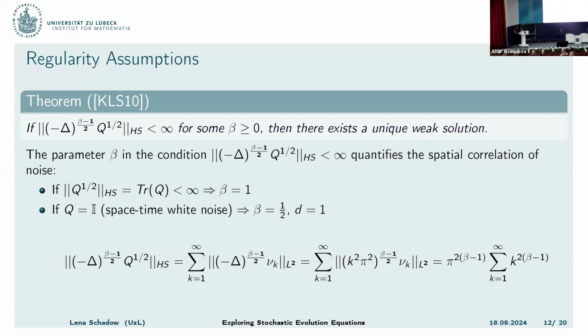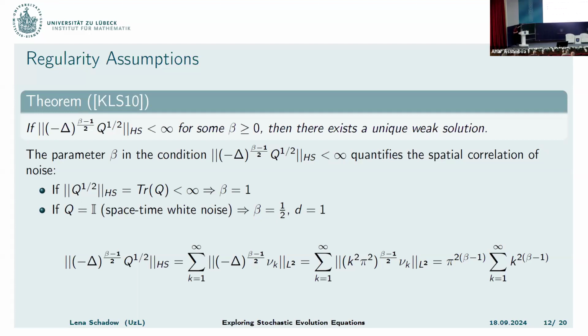So the problem is, if we now get to a higher dimension, for example dimension 2, then the eigenvalues of the Laplacian behave asymptotically like k to the power 2 divided by d. That's the asymptotic behavior of the eigenvalues.